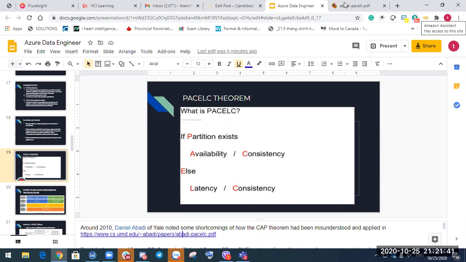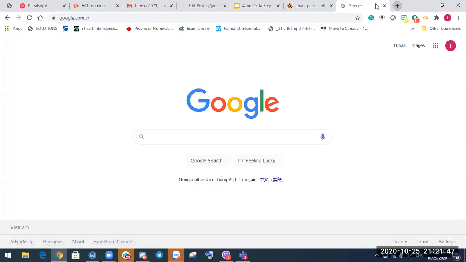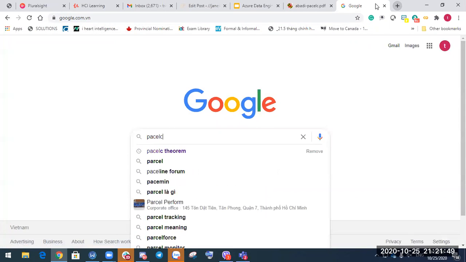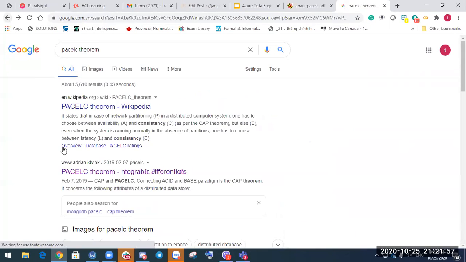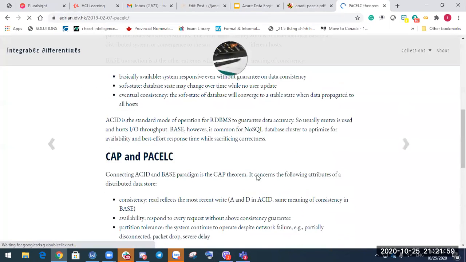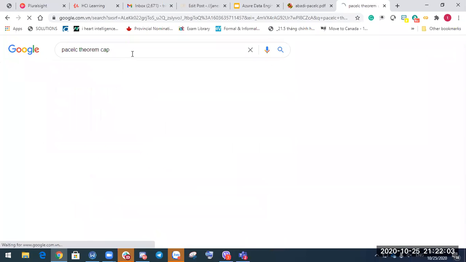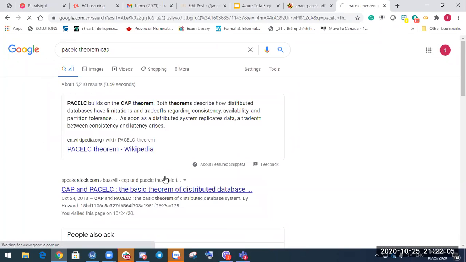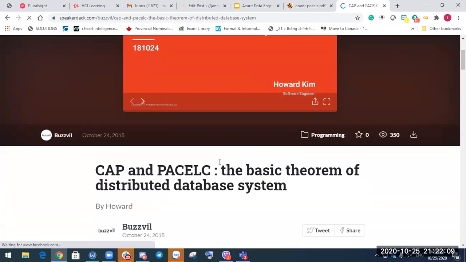Let me pull up a picture for you. Let me see what I use. Yeah, because I'm on a different computer, so I didn't.